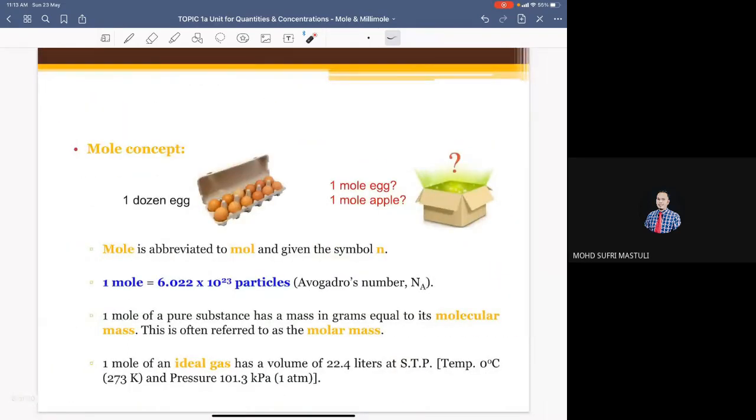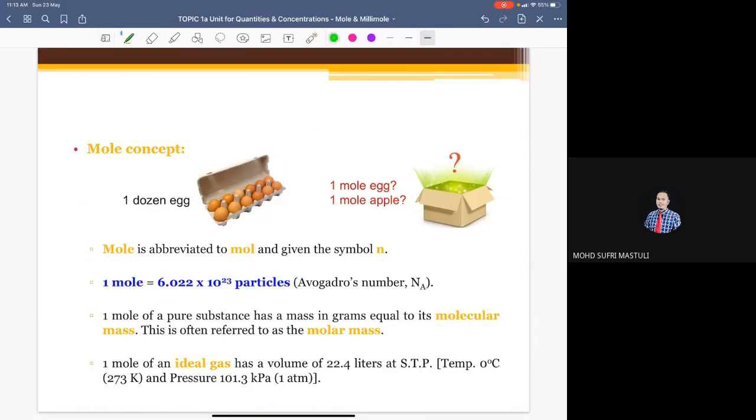Okay, slightly more detail on the mole concept. In daily life, we always hear the word dozen. 1 dozen, 2 dozen, 3 dozen, 4 dozen, and so on. We can understand when someone says, can you give me 1 dozen of eggs?